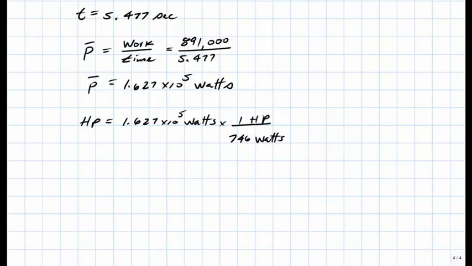So we just have to basically divide the wattage by 746, and if we do that, the engine's average horsepower output, which we'll put a bar on top of, equals 218.1 horsepower.